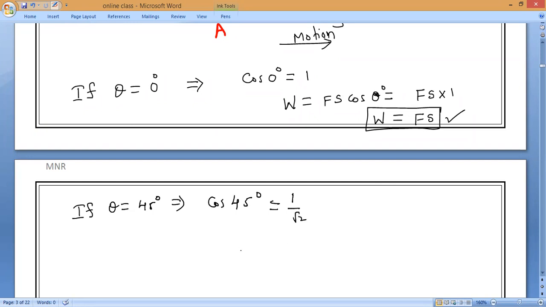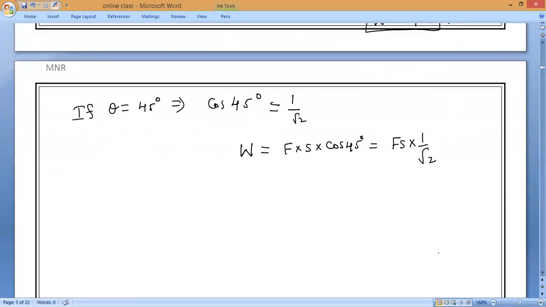Is it yes or no? So the work done W is equal to F into S into cos 45, which is equal to F into S into 1 by root 2. So the answer is W equals 1 by root 2 into F into S. Is it right or wrong, all of you? Yes, sir.